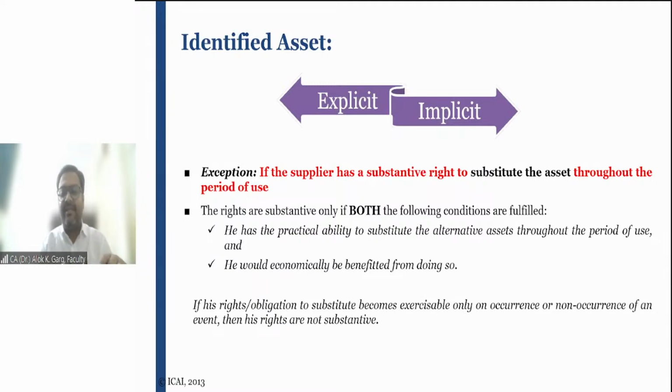In this case, the benefit lies with the lessee, not with the lessor, so this is not a substantive substitution right. But if the lessor can replace the asset for its own benefit, then a substantive substitution right exists and that asset will not qualify as an identified asset.